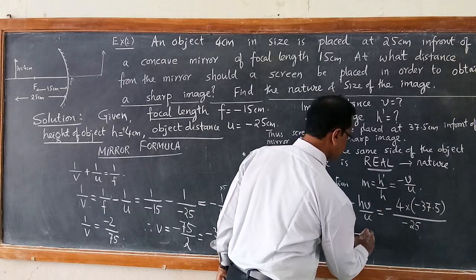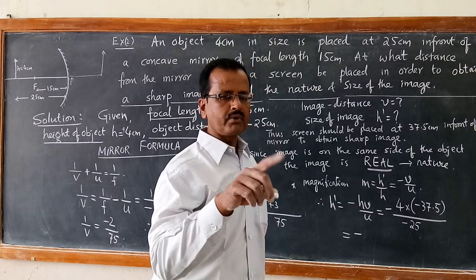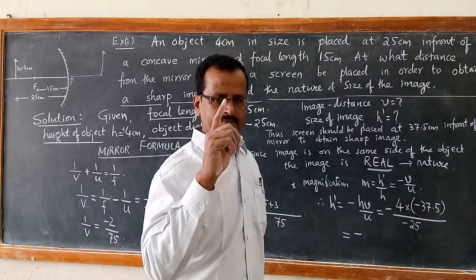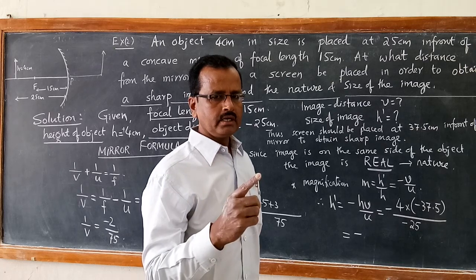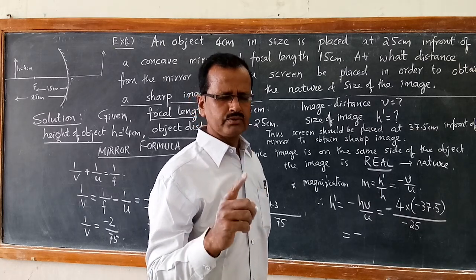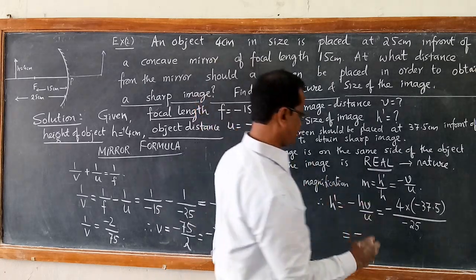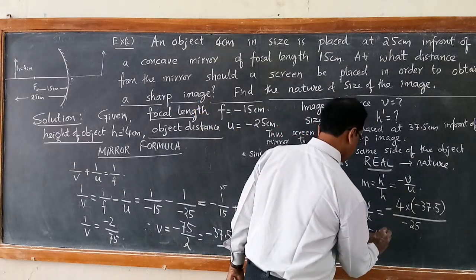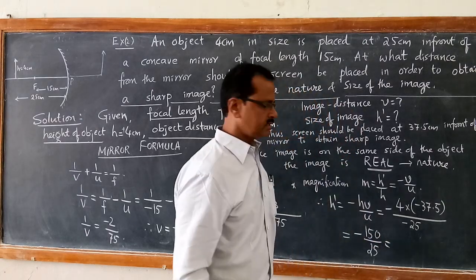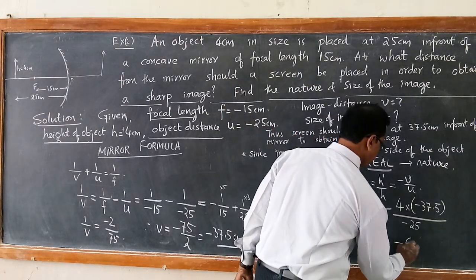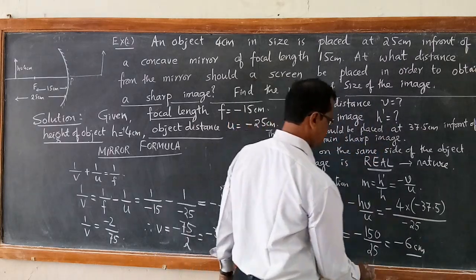So minus of 37.5 into 4. 37.5 into 2 gives us 75, 75 into 2 gives us 150. Therefore, minus 150 divided by 25. So this becomes minus 6 centimeter. So the height of the image is minus 6 centimeter.